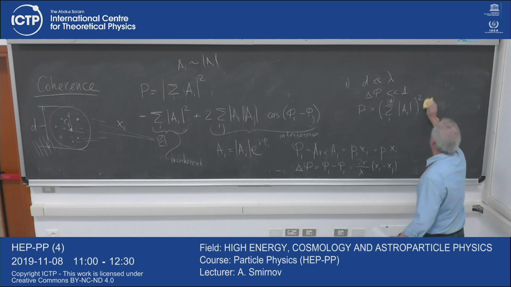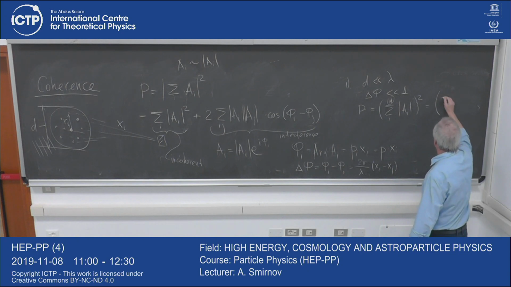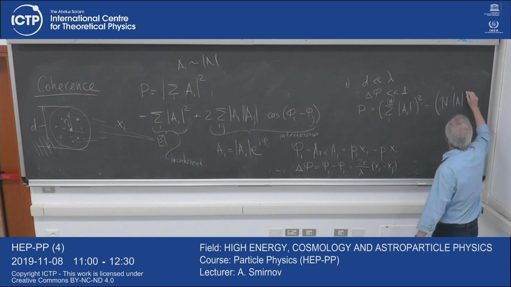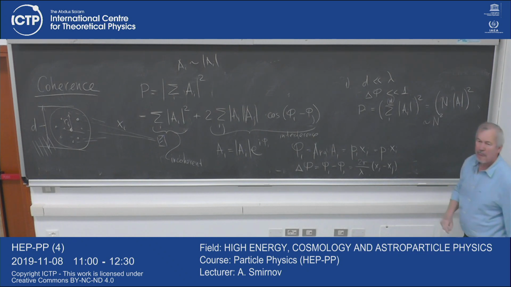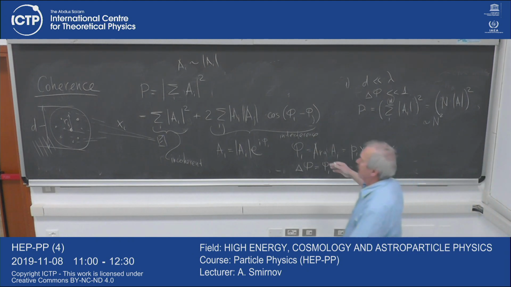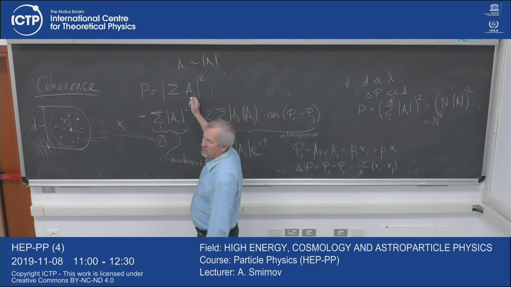Right. So that will be n times a, squared, and so it will be proportional to n squared. Again, if the phase difference is very small, I can put out the phase because all the terms will have the same phase.